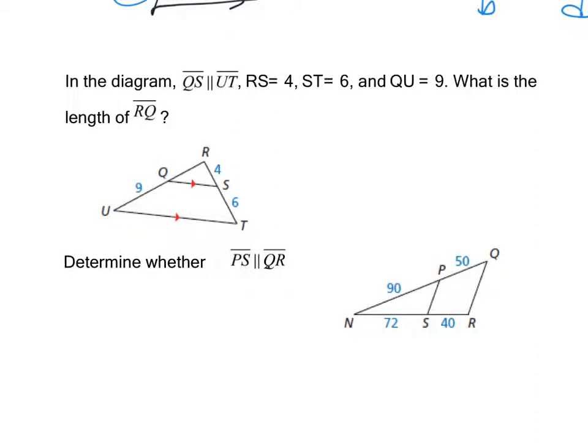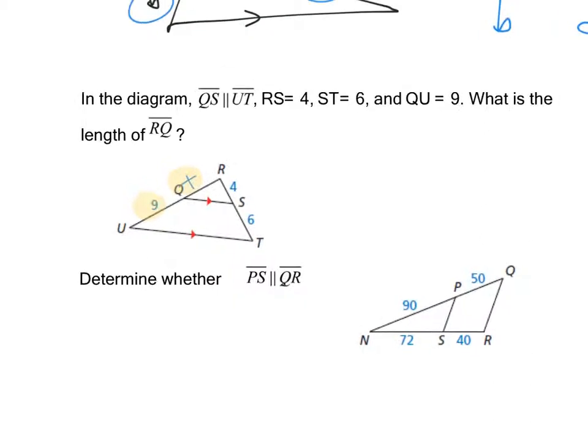So here we got a diagram, and we have these parallel lines in a triangle. And we're told that QR is 4, so this guy's 4. ST is 6. QU is 9. We want to find this little guy here. All right, so we want to find that length. Let's call it X. Well, we've got a proportion, just like we had before. So let's take that X over the 9.